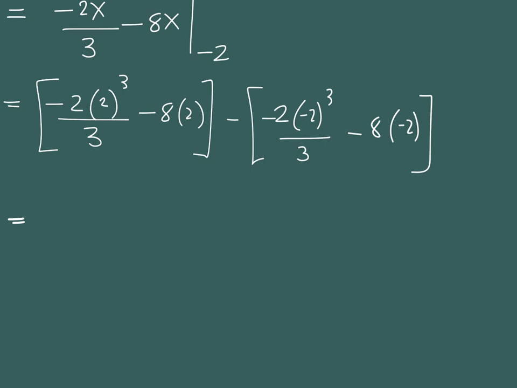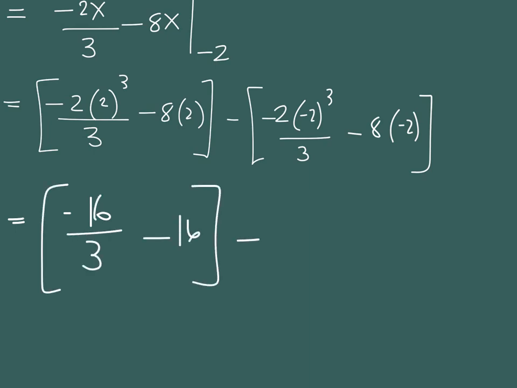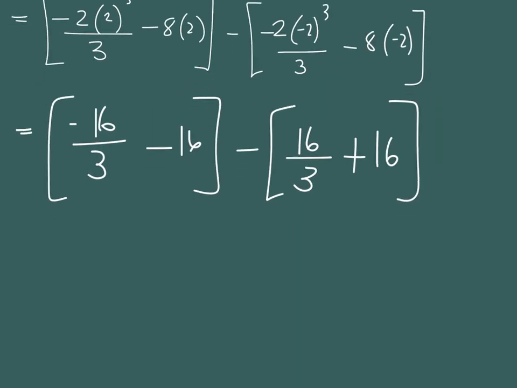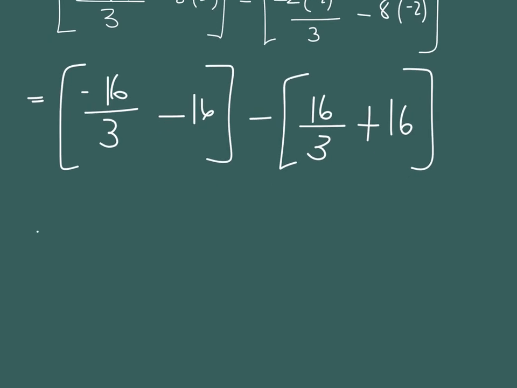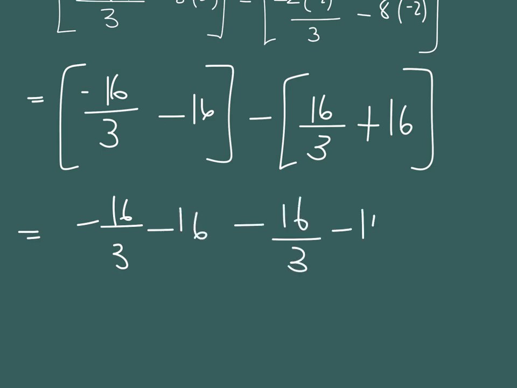What will you get on the first? Based on your computation, 8 times negative 2, negative 16 over 3, minus 16, minus, positive 16 over 3 plus 16. So we have negative 16 over 3 minus 16, then minus 16 over 3 minus 16.